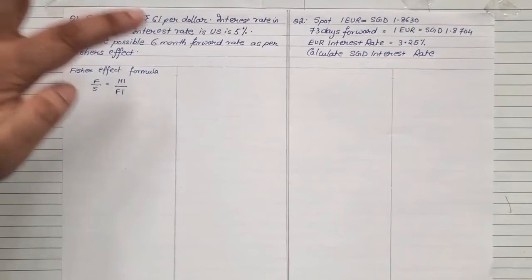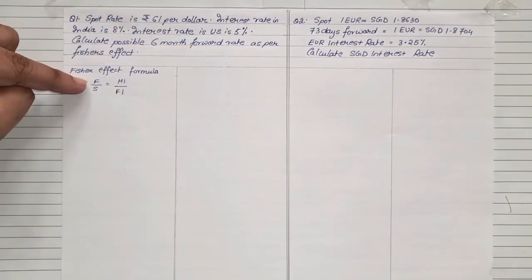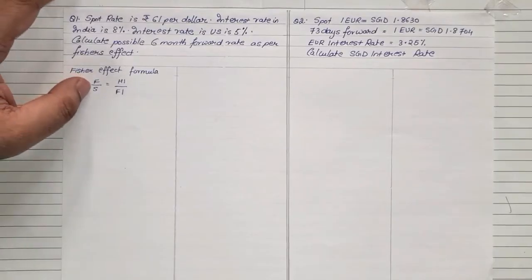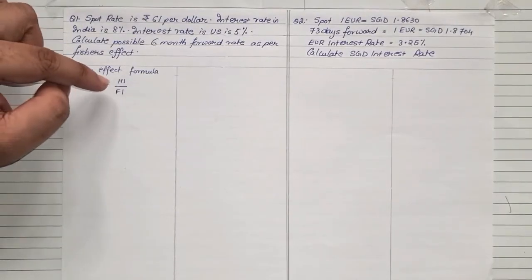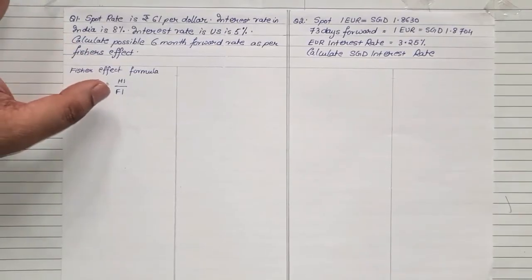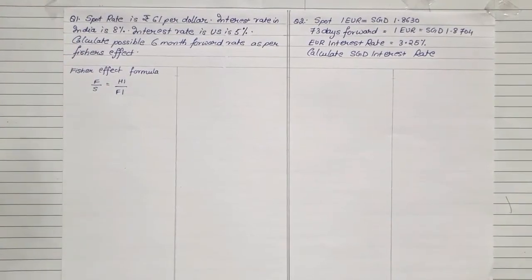Now we need to find the forward rate, so we need to find the value of F. They have given us the spot rate, but we don't have the home currency interest component and foreign currency interest component. So that is the first thing we need to solve.